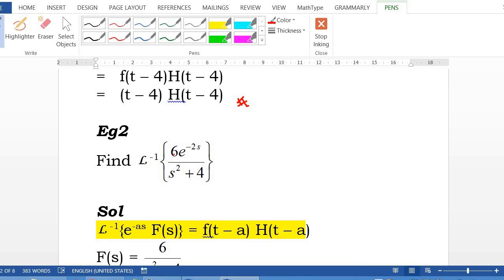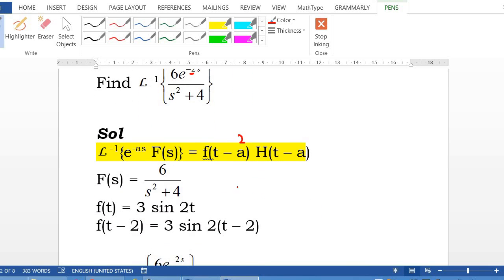That's why the result is actually (t − 4)H(t − 4). Case 2: the inverse Laplace of 6e^(−2s)/(s² + 4), using the second shift property, and then identify a, which here is actually 2. So your answer will be f(t − 2)H(t − 2). Before you can identify f(t − 2), you have to identify your F(s), which is 6/(s² + 4).